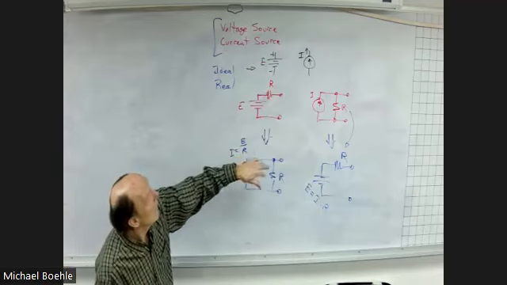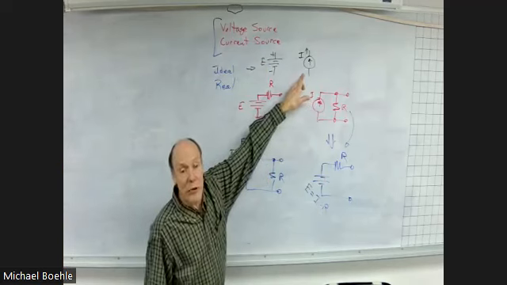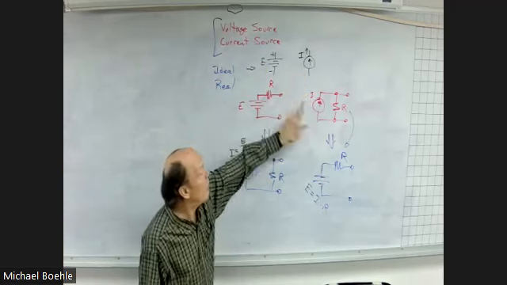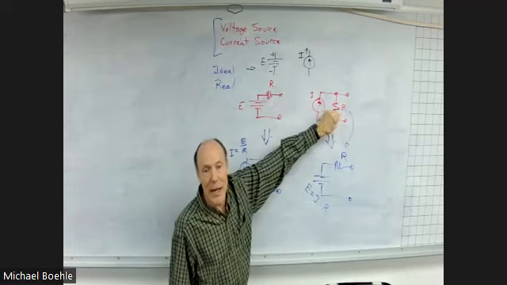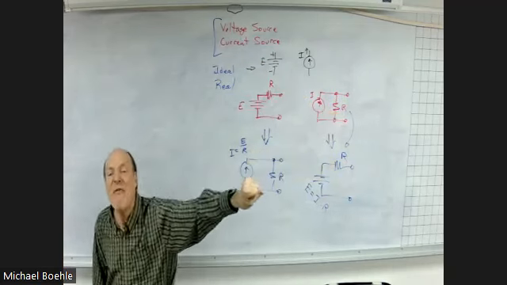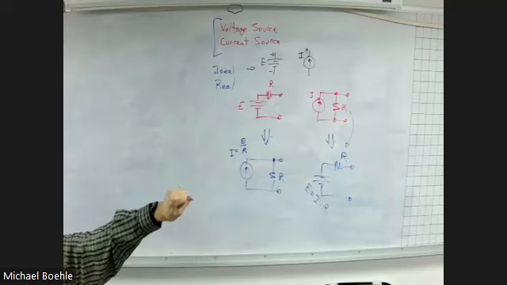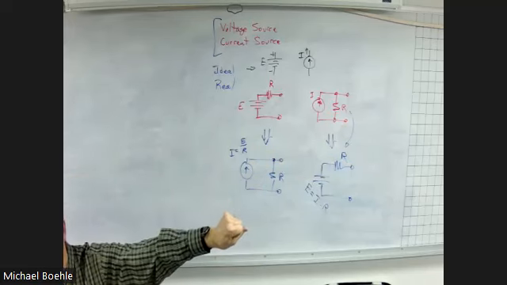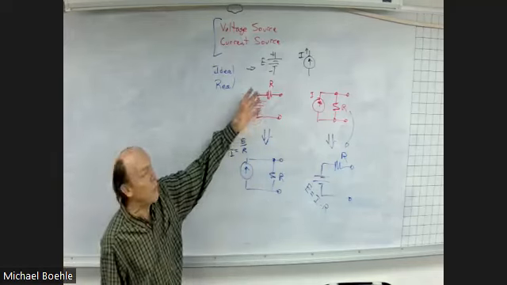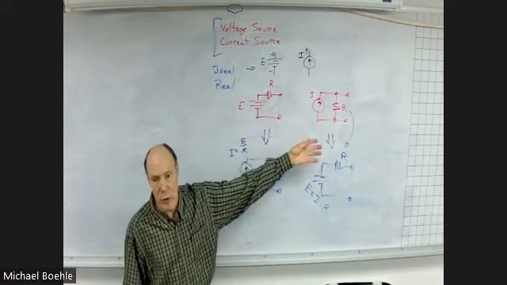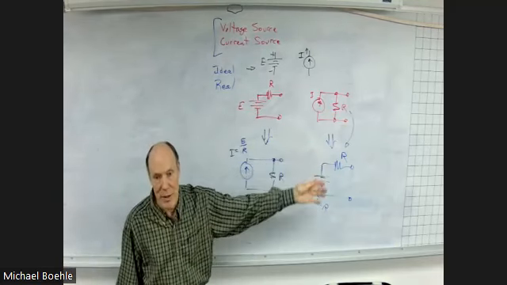Meanwhile, the ideal current source has no resistor, which, because it's in parallel, in order to make that essentially go away, you have to have infinite resistance, or an open. So when you do the superposition theorem, if it's a voltage source you replace it with a short. If it's a current source, you replace it with an open.